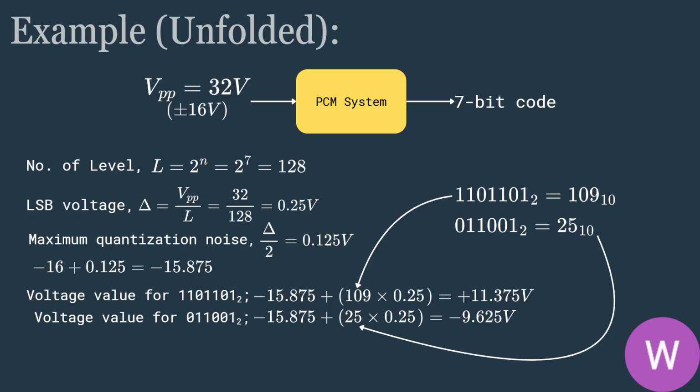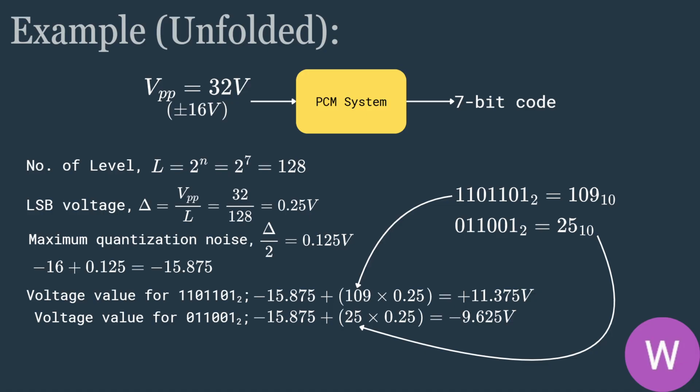After that, we also need to calculate the quantization value, because based on the formula before, we need VKL, the quantization value at the lowest level. The lowest level here is negative 16 because the amplitude is 16 volts.